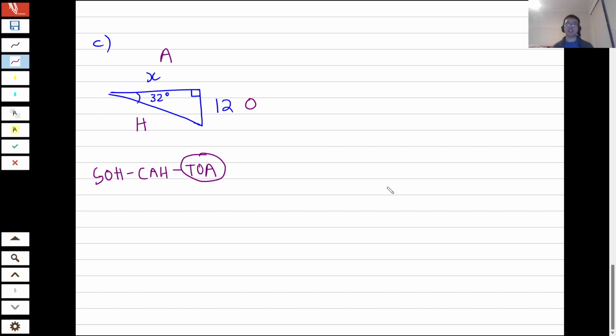And that trig ratio is tan. So I will start by writing tan of 32 equals the opposite over the adjacent, which means tan of 32 is 12 divided by x.